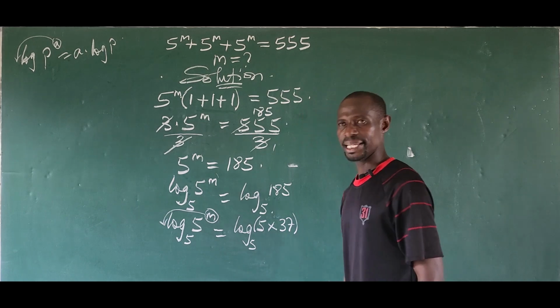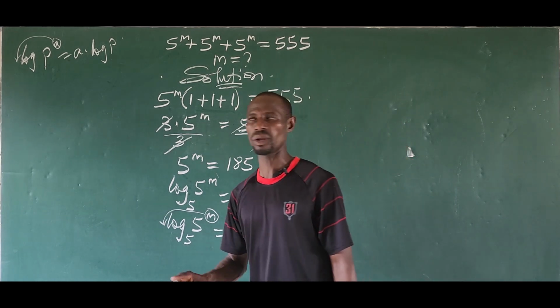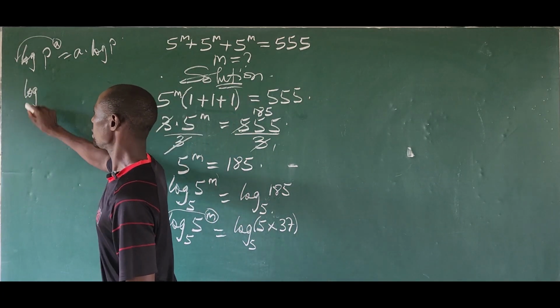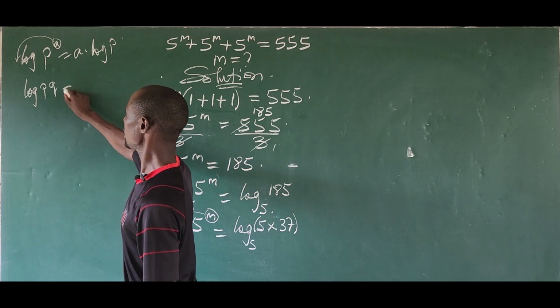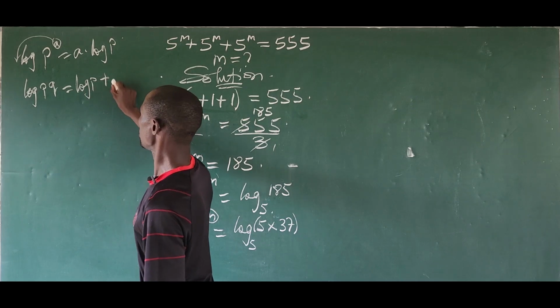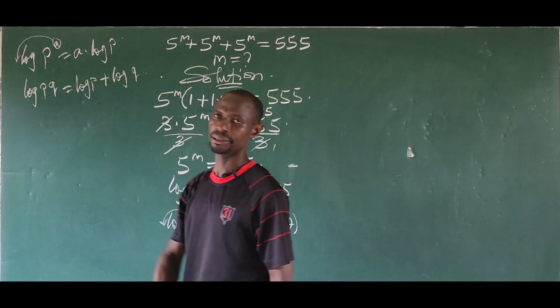Easy. Here we have multiplication, so we're going to apply the multiplication law, and it says that when you have log PQ, base 10, this is equal to log P plus log Q, base 10, all true.